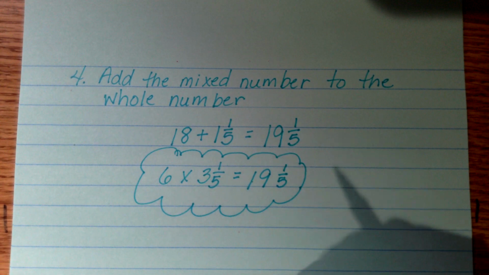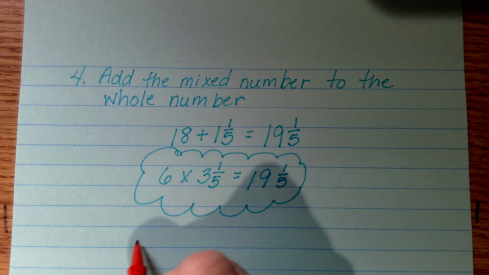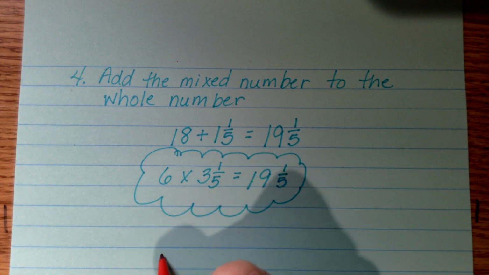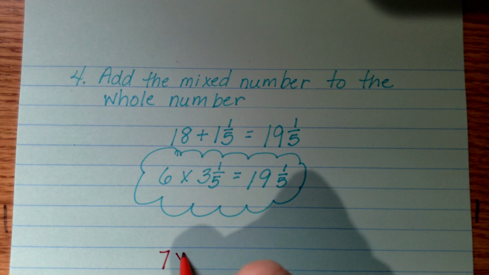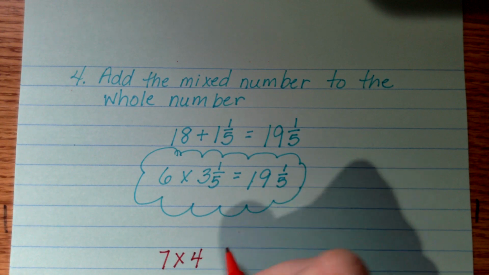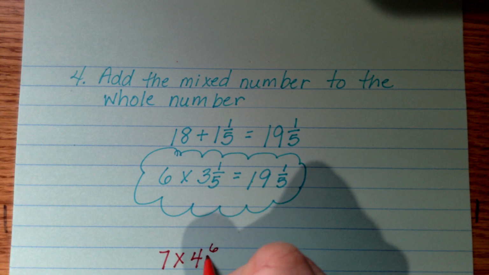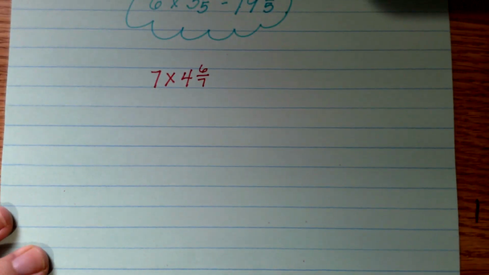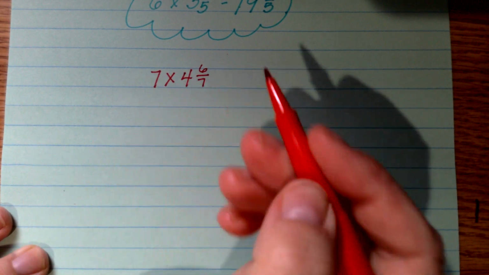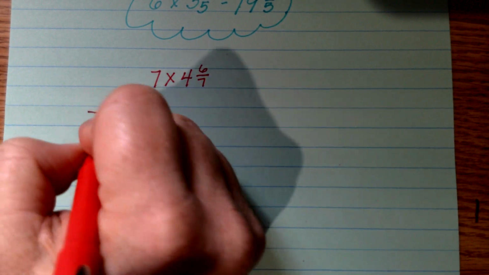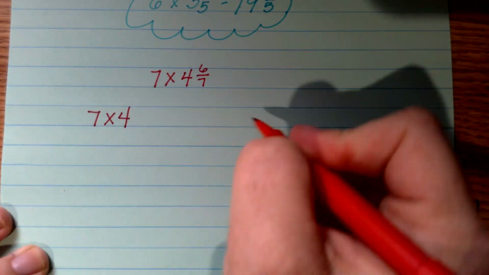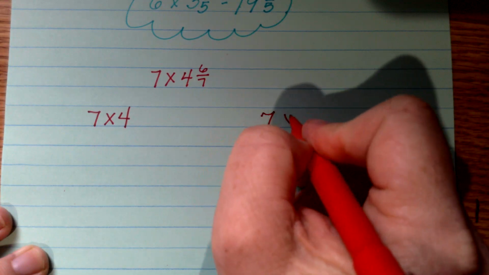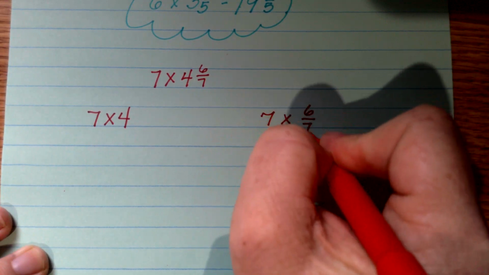Let's do 7 times 4 and 6/7. So the first thing I'm going to do is I'm going to take this mixed number and break it apart. And I know I'm going to do 7 times 4 and 7 times 6/7.